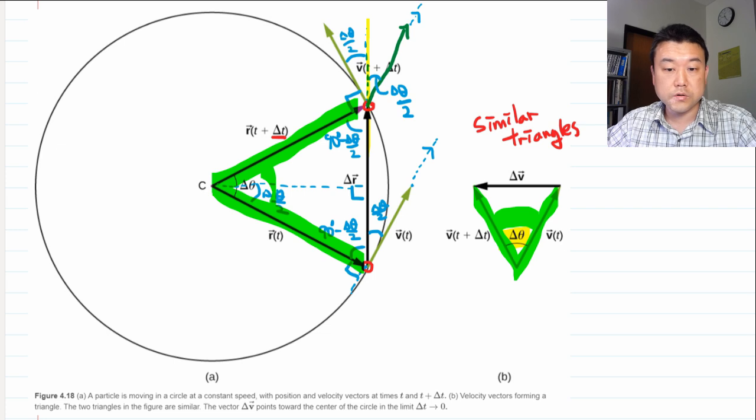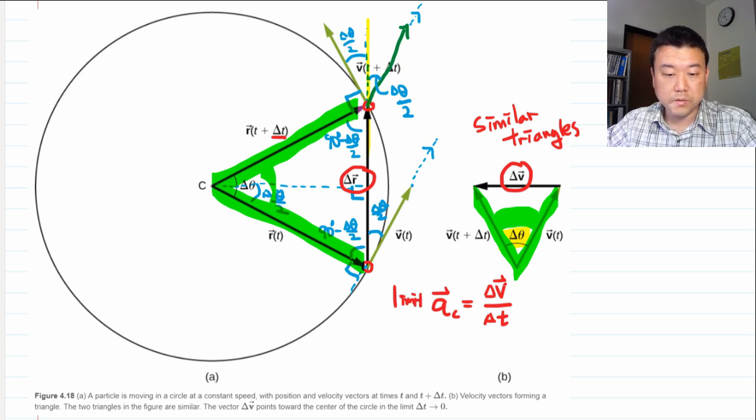So you can use methods of geometry to figure out what delta V should be by relating it to delta R. And once you have an expression for delta V, you can get the centripetal acceleration by saying that's delta V divided by delta t. And of course, for instantaneous centripetal acceleration, we take the limit of delta t going to 0.